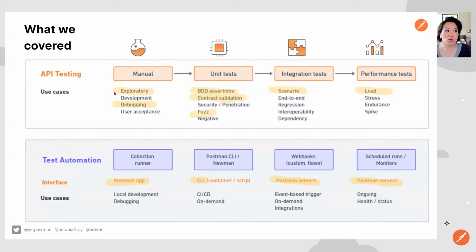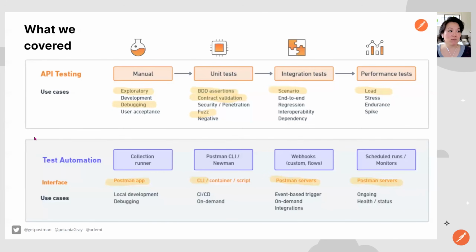Arlemy showed us how to do exploratory and manual API calls, and did a little bit of live debugging by looking at the console and the collection run results. We looked at BDD assertions, contract validation using TV4, I believe, and fuzz testing with the big list of naughty strings, with the bookstore scenario, checking at every point along the way. And then we saw a sneak peek of the load testing, which I think is always kind of fun.